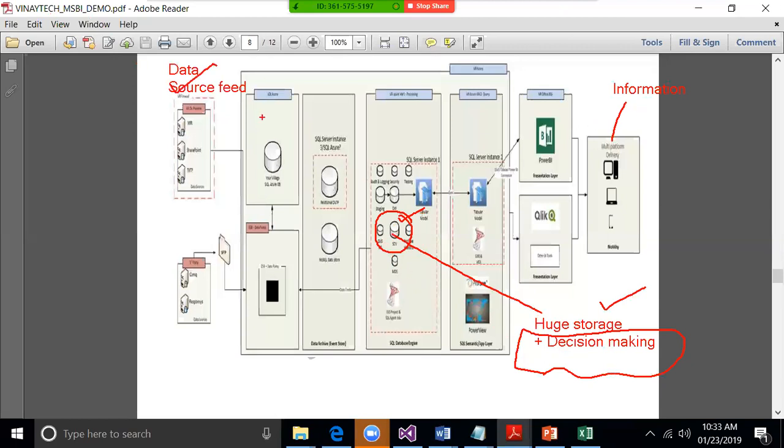Then what is this? I used a word called ODS here a couple of minutes before. What is ODS? ODS is operational data store. These sources store live data, where even millisecond data is available.